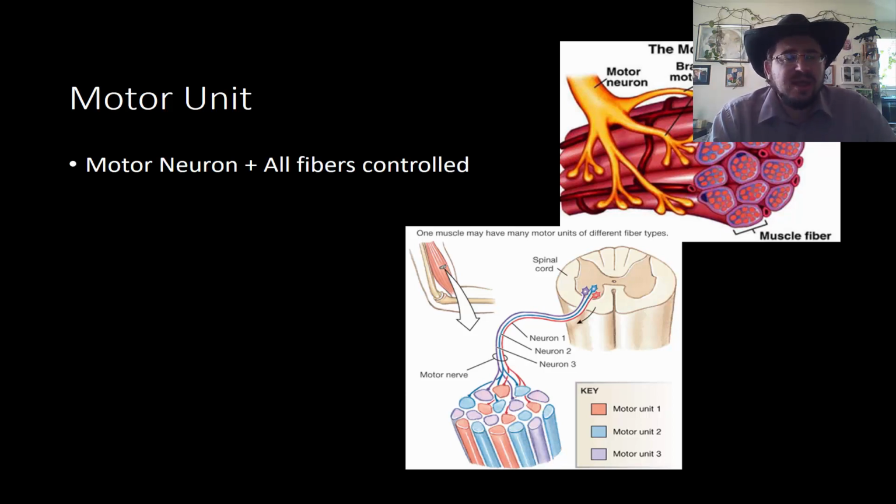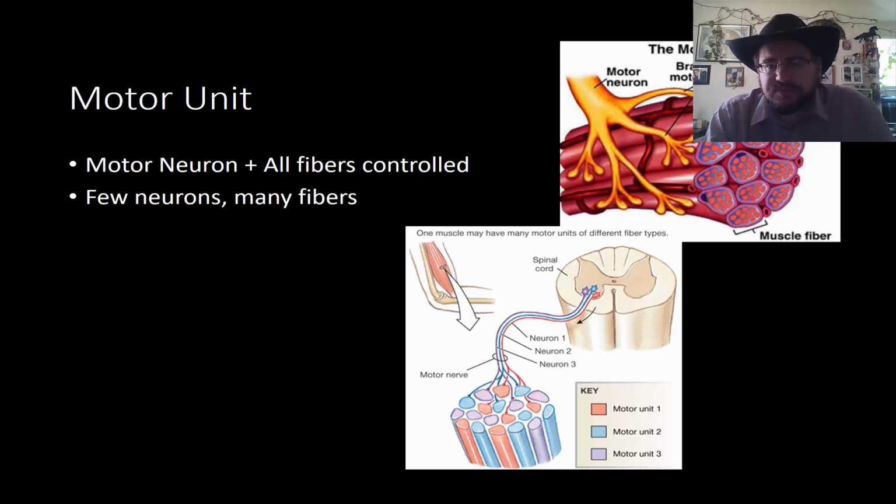A motor neuron and all the fibers that single motor neuron controls is called a motor unit. Motor unit: one motor neuron attached to all the muscle fibers that it's attached to. So right here in this beautiful little picture, we can see one motor neuron, and it's attached to a bunch of different muscle cells, a bunch of different myofibers.